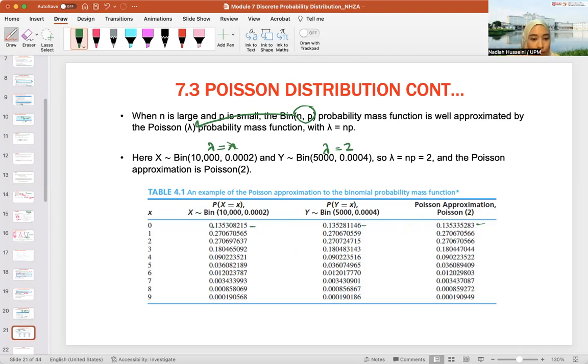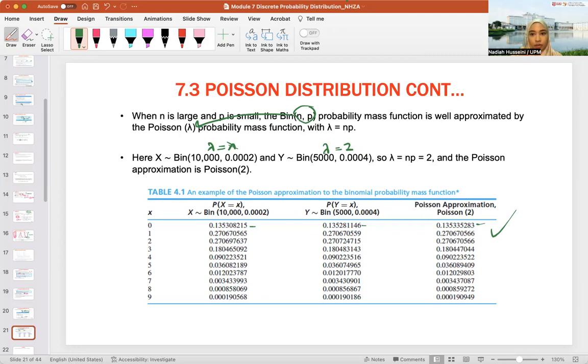For example, 0.135308 and 0.13528, so slightly different, but close. 0.135335, again, it is close. So you have two problems whereby the lambda is the same. You could just use this one and solve two questions at once. So let's figure out how to use Excel for the Poisson distribution.